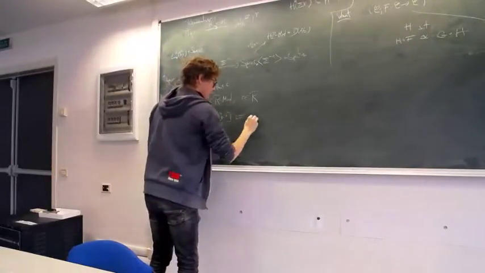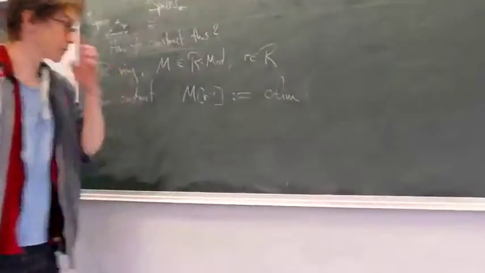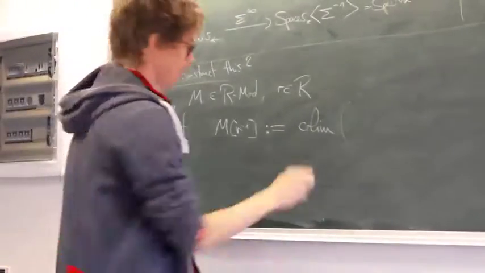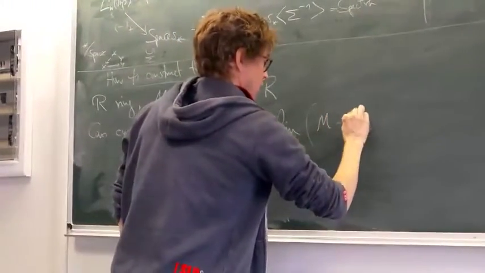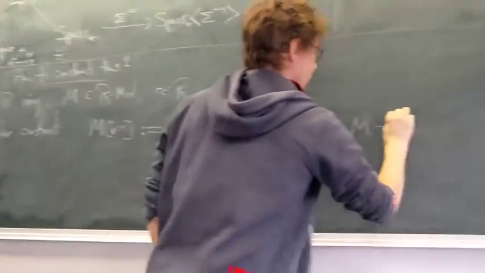And here's one way of constructing it. You can construct it as a colimit of just repeated multiplication with R.